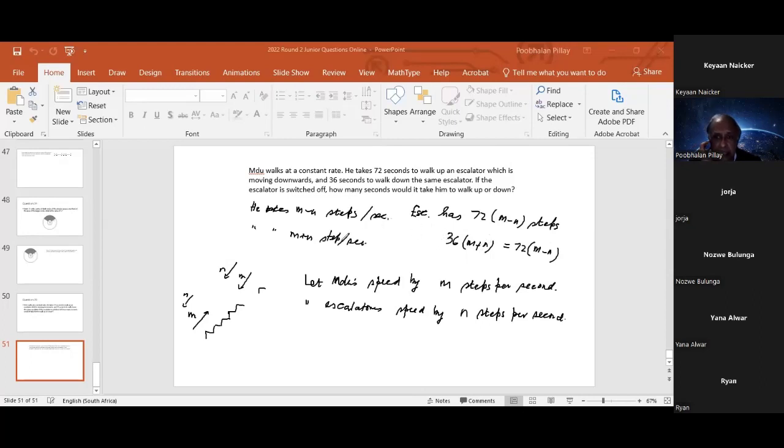It takes 36 seconds to come down the escalator. So the total number of steps it covers is 36 into m plus n. All right, now you got an equation. The 36 cancels. Let's just go down here. What I can do is just erase this.